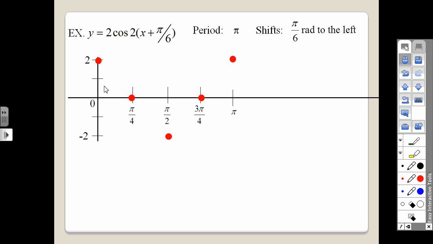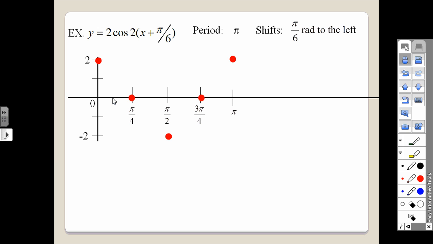But I do know that each of these 5 points are going to have to shift pi over 6 radians to the left. And so when you look at this increment, this is a pi over 4 increment. So how would you gauge where pi over 6, the measurement of pi over 6 radians, is from pi over 4 moving to the left?